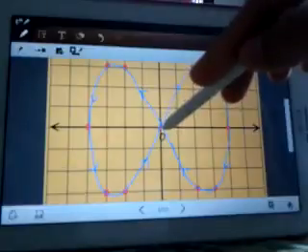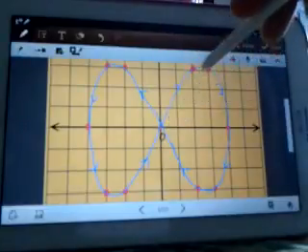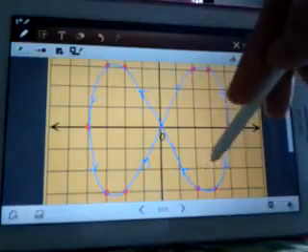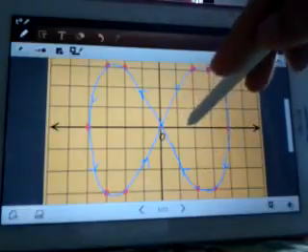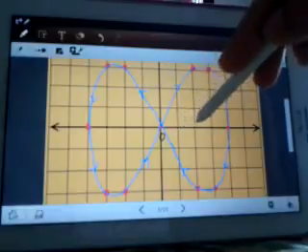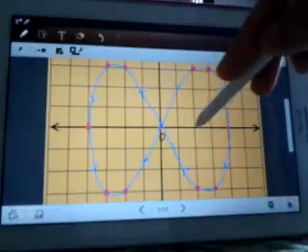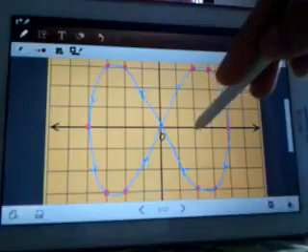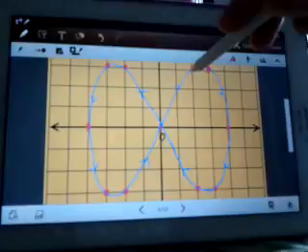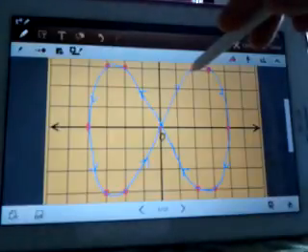So for the curve, this is the first point, 0, 0. I just make one square 0.25. The next point is 0.5, 0.866.